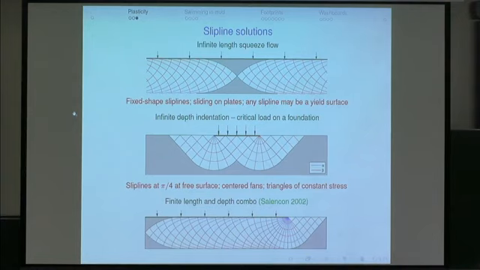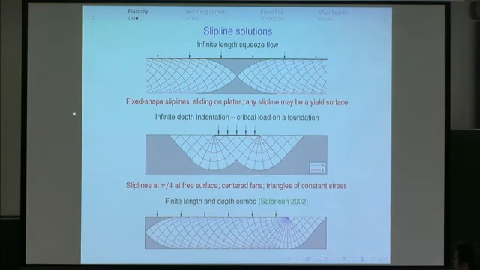Everywhere else things are sliding sideways, and where these characteristics meet the top plate, one family meets it at an angle of 0, which is characteristic of the fact that here one envisages that you have smooth plates, and so the material is sliding over the top of it. So that's the squeeze flow type Prandtl solution.